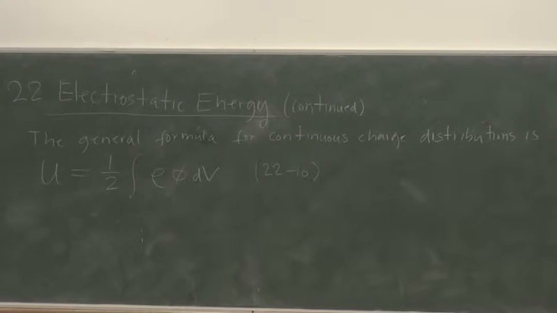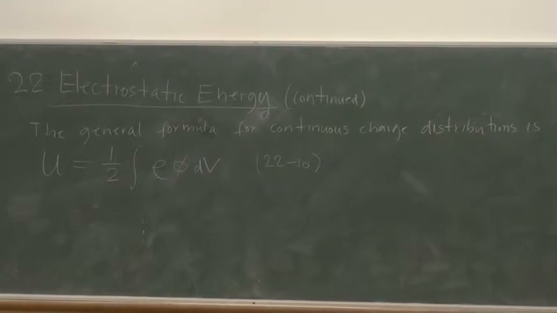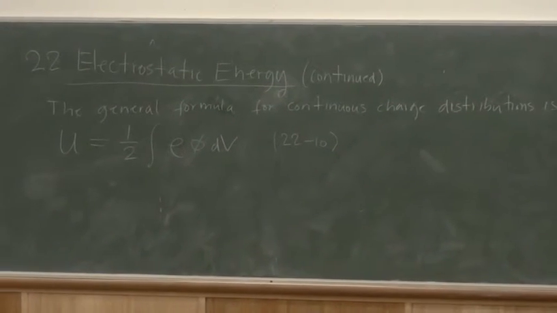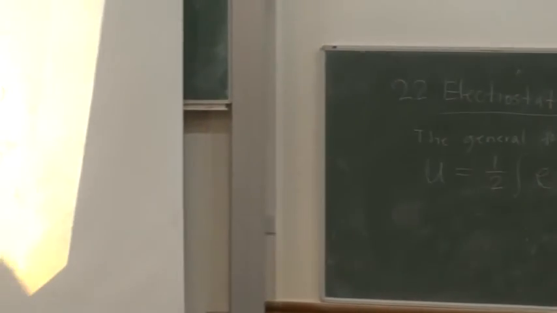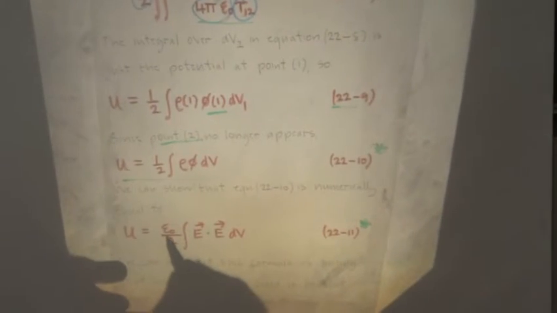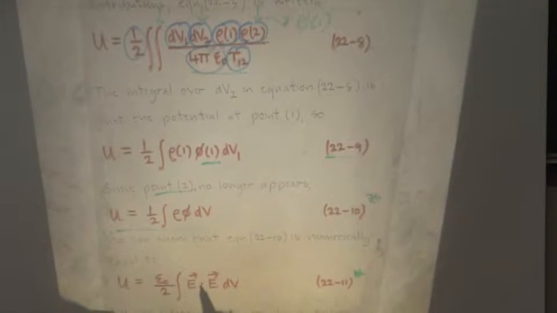Now, a lot of people go to a great deal of trouble to prove that this equation, which is the general equation, is the same as this equation here, where you've got epsilon naught over 2 integral over all space of E dot E dV.